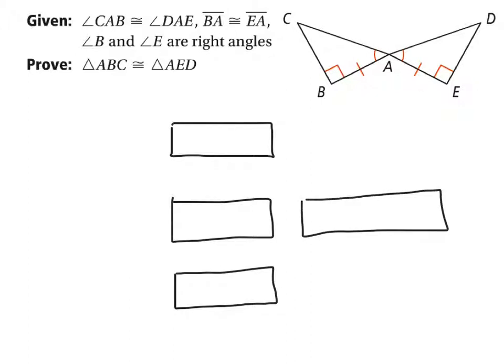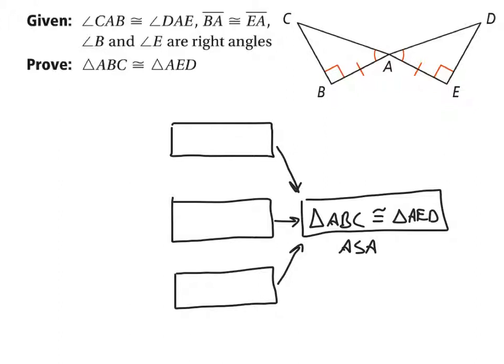Okay, because I should be able to say that triangle ABC is congruent to triangle AED. And looking at the diagram, I know that I'm going to be able to do that by angle, side, angle. So I can already fill in my reason there. Okay.